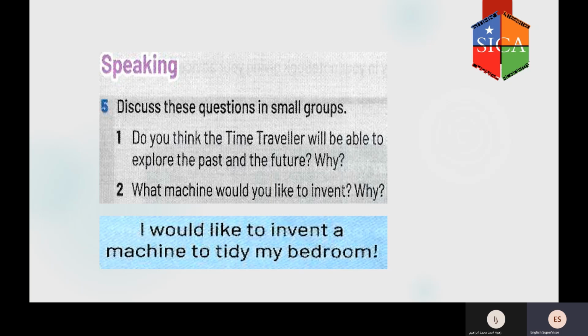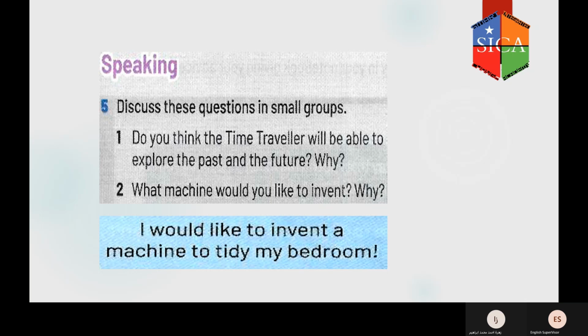Is it a fictional thing or non-fictional? I mean, is it real or not real? Not real. So, in your opinion, the time traveler will not be able to explore the past and the future. Great. The reason is why?